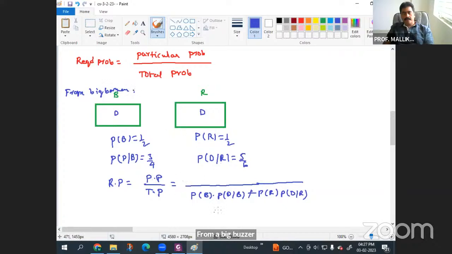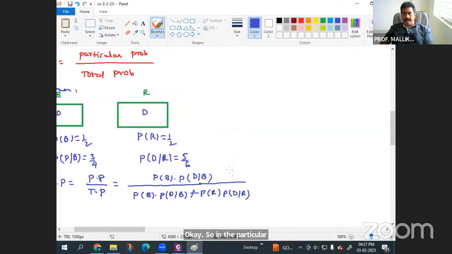Right. So Big Bazaar means what is this one? This is the term related to Big Bazaar. That I will write in the numerator. Probability of B into probability of dress given that Big Bazaar. Is it clear to all of you? It is particularly they have mentioned. So when they mentioned the particular, we got this part.